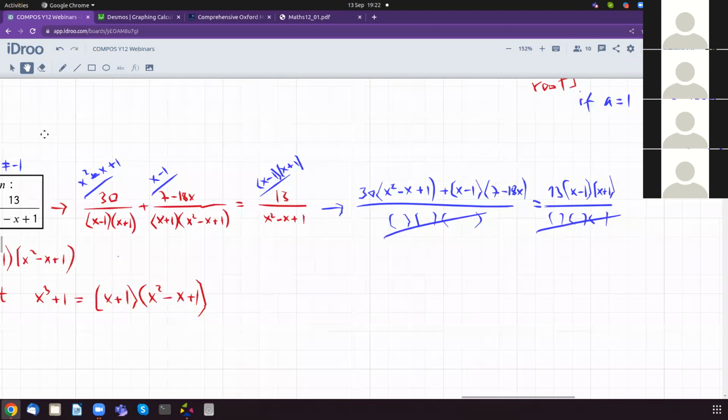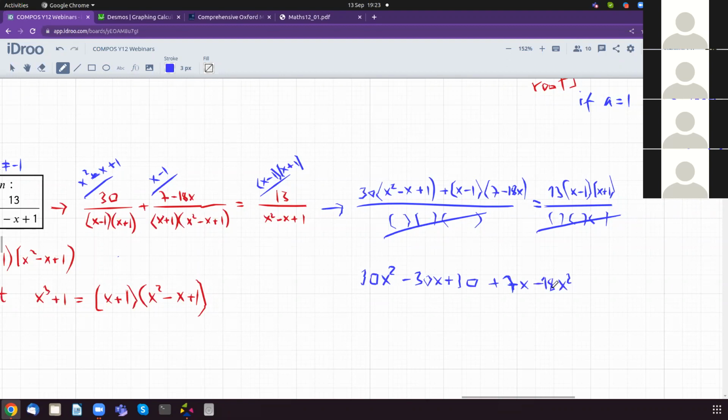But here, you solve it, you get 30x squared minus 30x plus 30 plus 7x minus 18x squared. Yeah, the domain of the solutions. Absolutely. Well done. 7x minus 18x squared. The possible values of x.